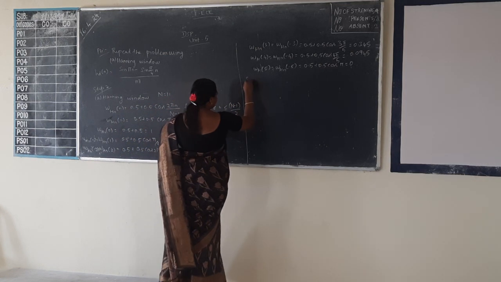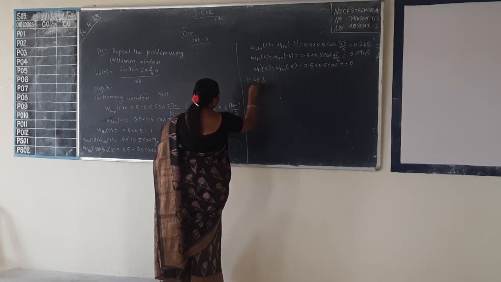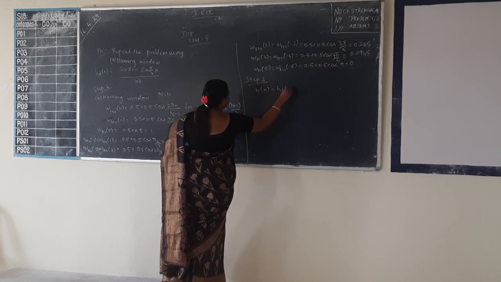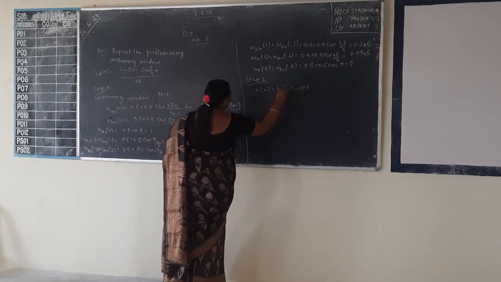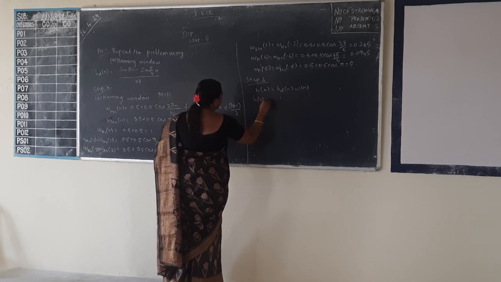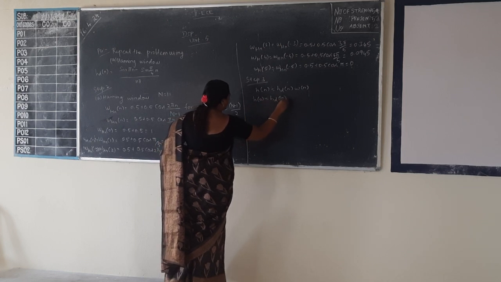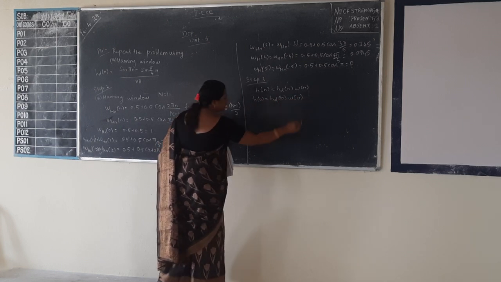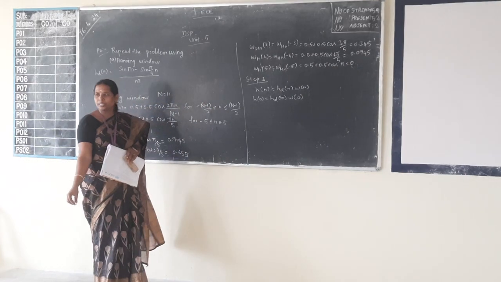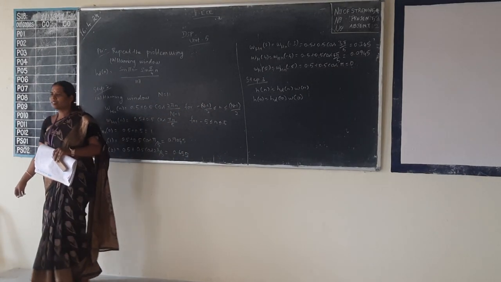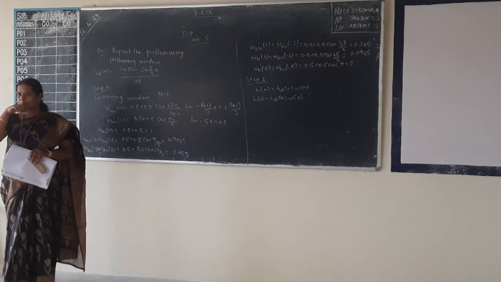h of n is equal to h_d of n into w of n. For h of 0, it is h_d of 0 into w of 0. We have already calculated h_d of 0, 1, 2, 3, 4, 5 in the previous problem itself.